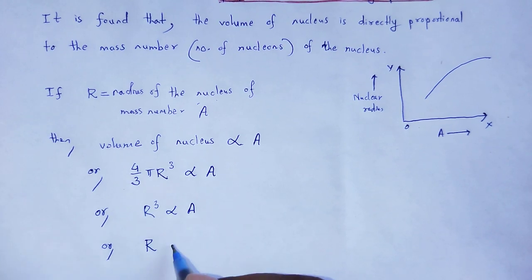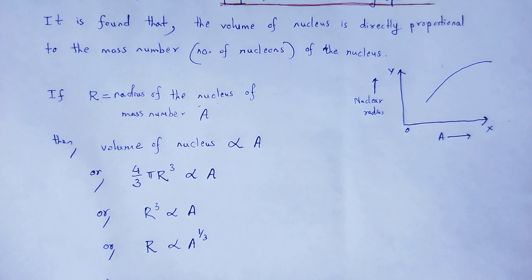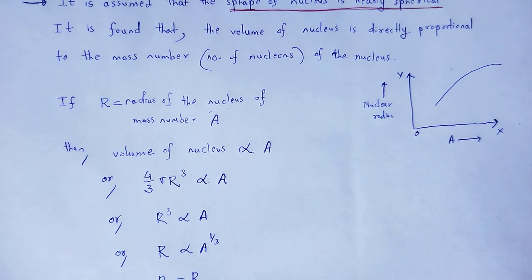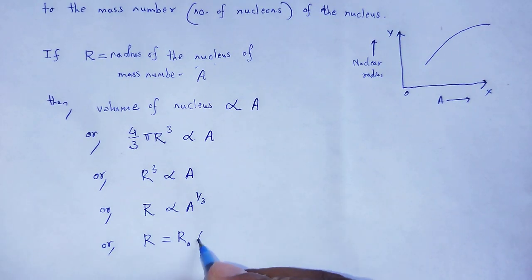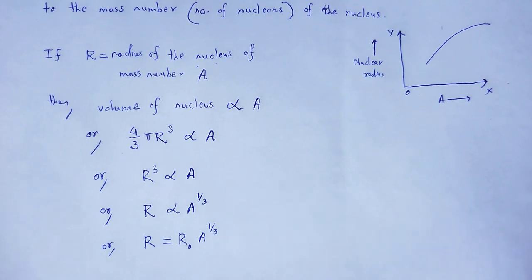So r is directly proportional to A to the power 1/3, then r is equal to a constant r naught into A to the power 1/3.